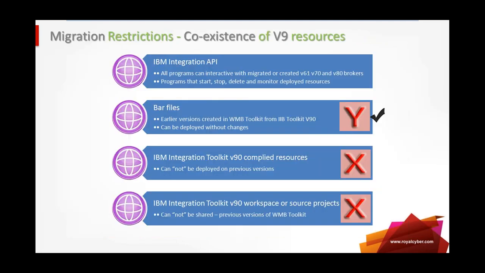Now I'm moving to the next topic. This is about the restrictions of the coexistence of the V9 resources. As I gave you a hint in the earlier slides as well, the Toolkit can coexist with the older version.